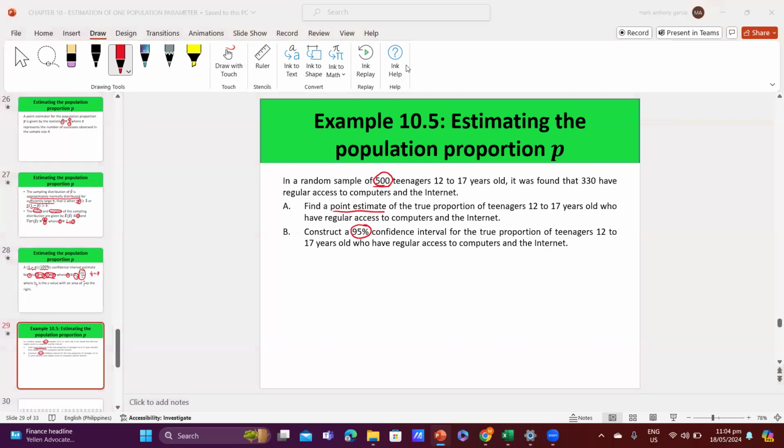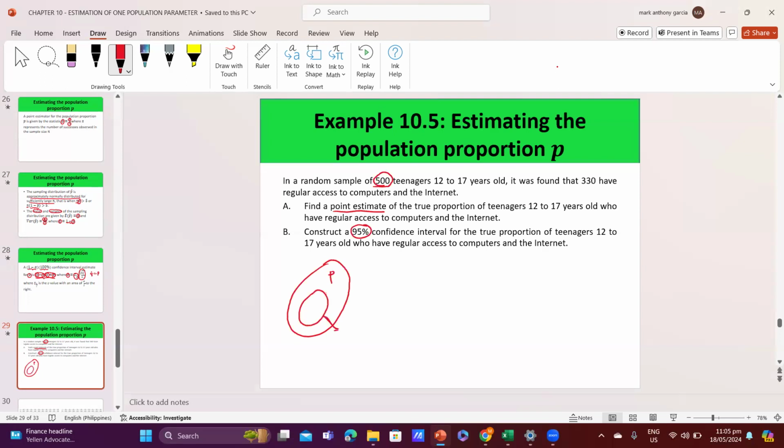So in this case, the population of study here would be all teenagers 12 to 17 years old. And we want to estimate the population proportion P. So in this problem, we obtained a sample of small n equals 500 teenagers aged 12 to 17 years old, and we found out that 330 of them have regular access to computers and the internet.